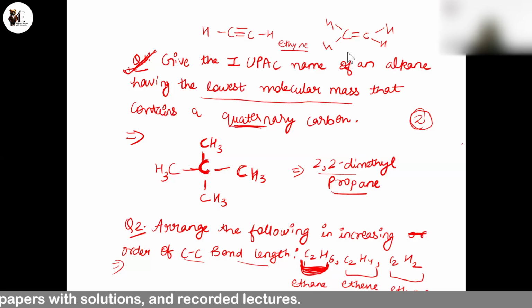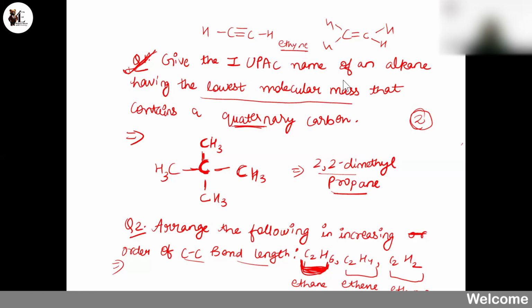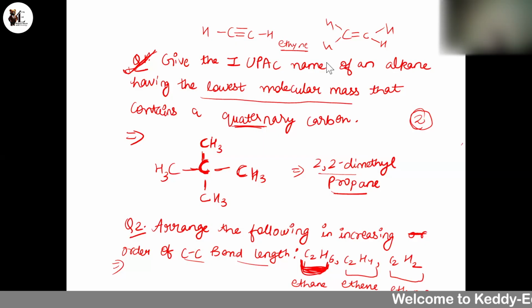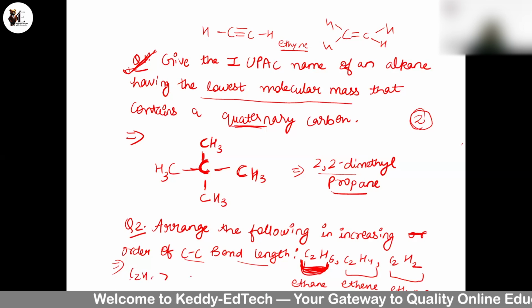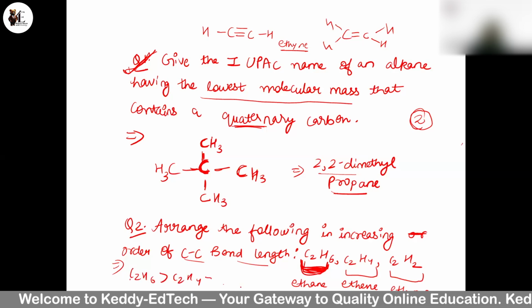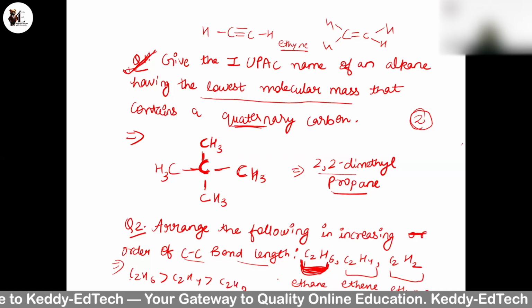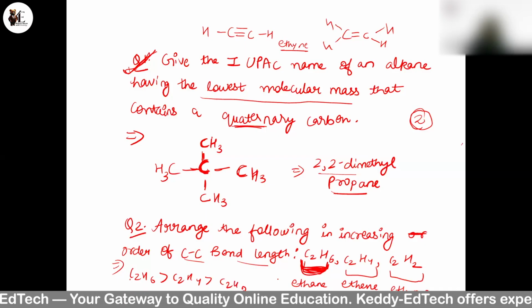I mean sigma bond or pi bond? The single bond would be the longest. Yes, single bond would be the largest. So the order would be C2H6, then C2H4, and then C2H2. Single bonds are the largest, followed by double bond, and then your triple bond.